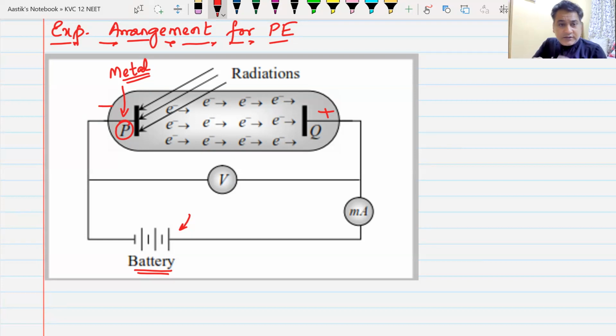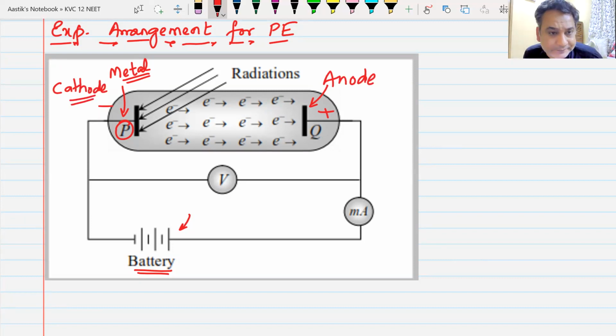So the positive side becomes your anode. So you can just note it down. Normally this is your anode and your metal plate is your cathode. No doubts on this one? Yes or no? Yes, sir. Photosensitive metal.